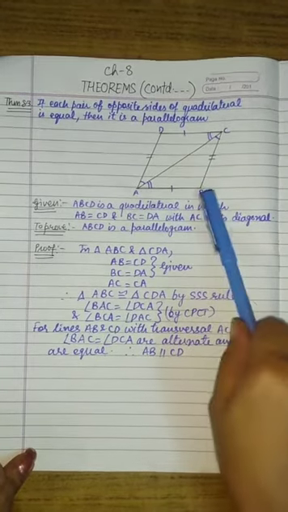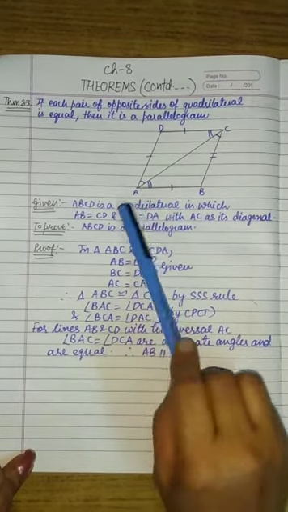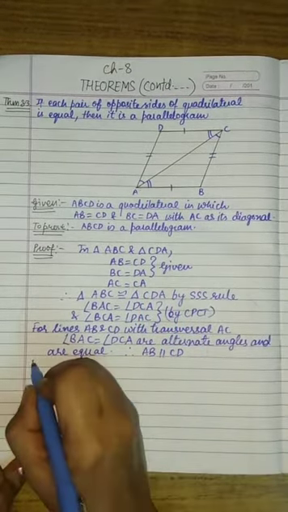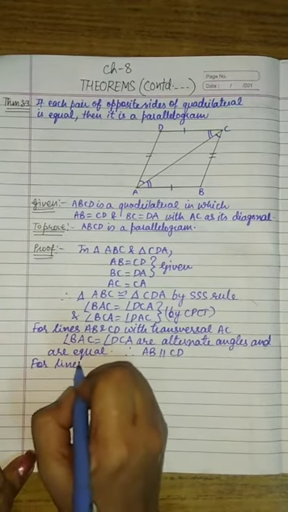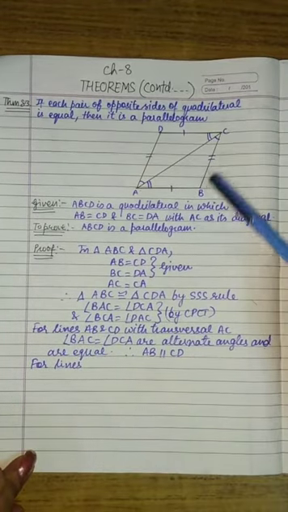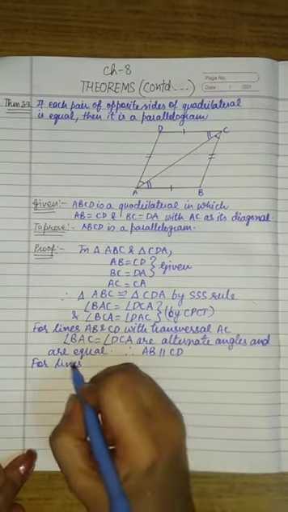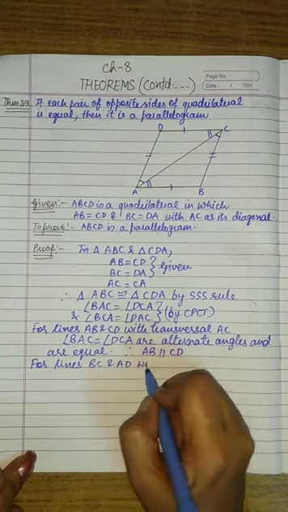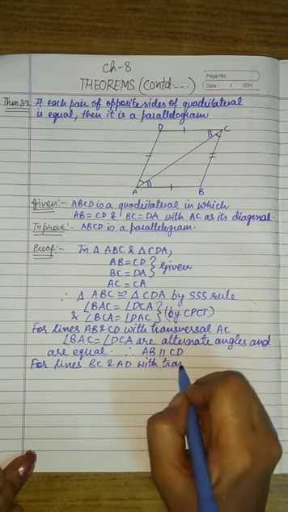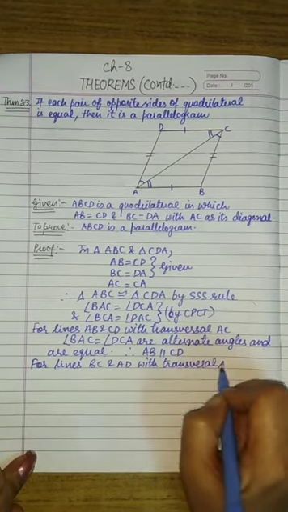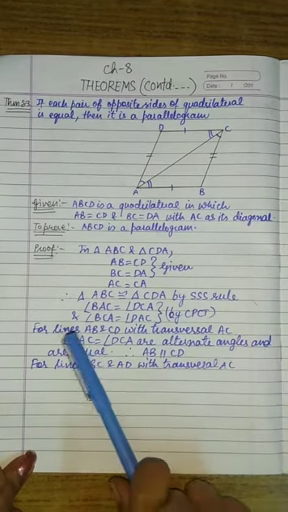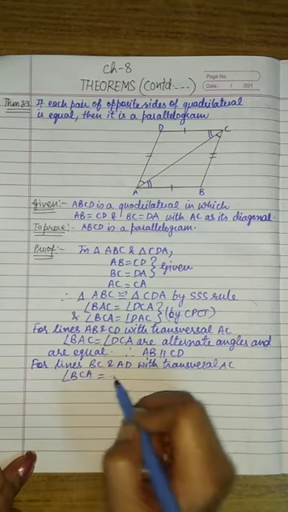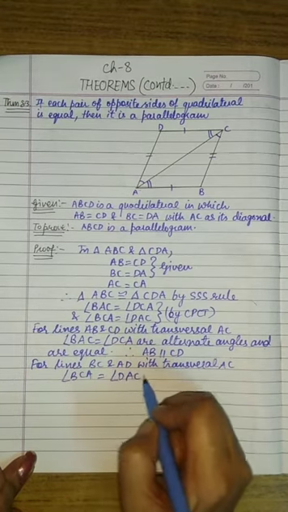Now one pair of sides is parallel, that is AB is parallel to CD. Similarly, for lines we will take another two sides, that is BC and DA. So for lines BC and AD, again with transversal AC, we have already proved that angle BCA is equal to angle DAC.